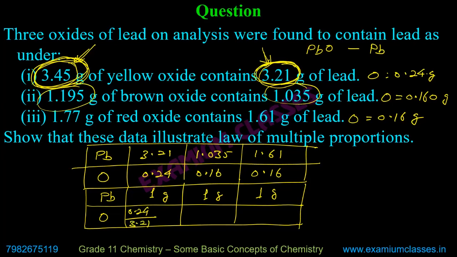Who is not clear about it? Sir, didn't you say that we should take the element with the lesser mass as 1 gram? No, I didn't say that. I said while simplifying the ratio, you should consider the smaller one. Here I didn't say.